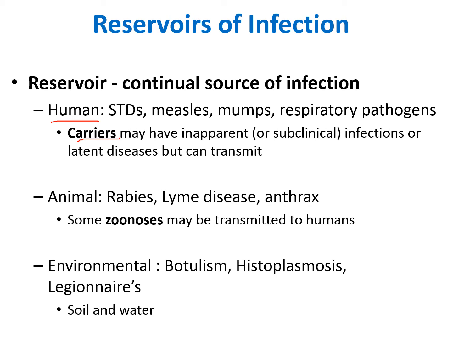Sometimes these people can be in the incubation period for a disease or the convalescence period. Sometimes the pathogen has become part of their normal flora, so they don't get sick, but when they come in contact with other people, they transmit that microbe to the other person. This happens sometimes with meningitis. It gets transmitted to someone else and they actually get sick.